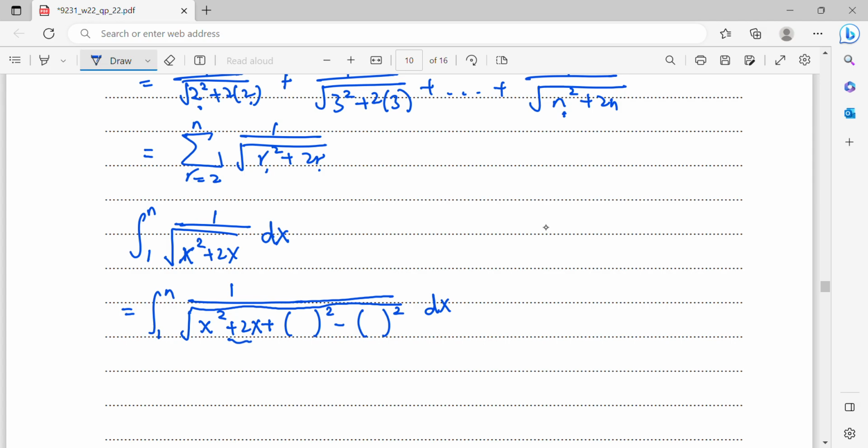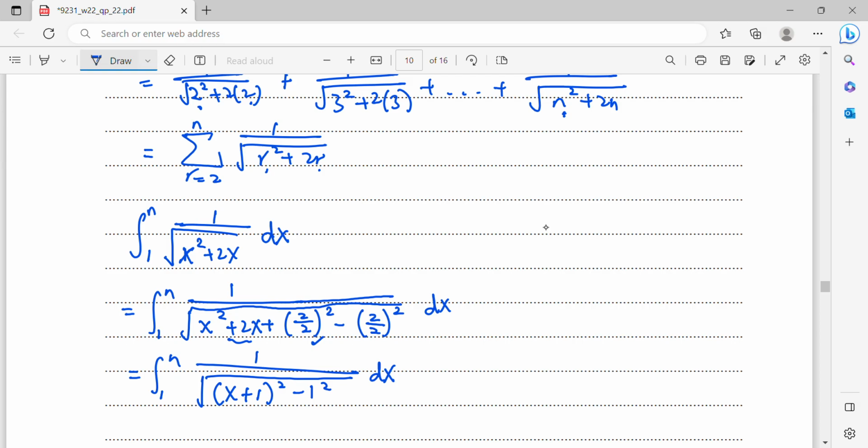So here I will write 2 over 2, 2 over 2. Now when I simplify, I will get x plus, now 2 over 2 in this bracket, it will be 1, then minus 1 squared dx. So basically, we are solving this integration.